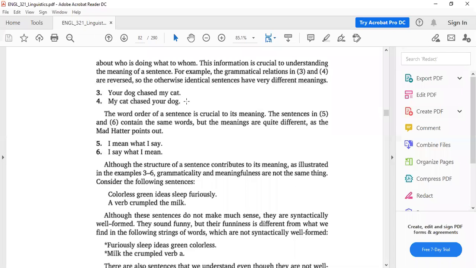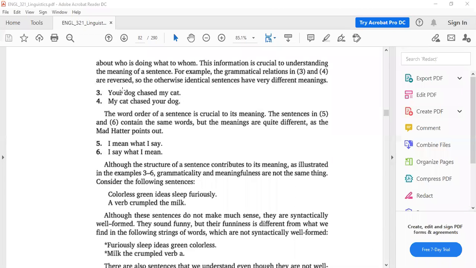Aya? Doctor, why didn't we have a semantic ambiguity here? Because in the logical meaning, we know that the cat is unlikely to chase the dog. But yeah, you're right. Mainly we expect that the dog chased the cat.